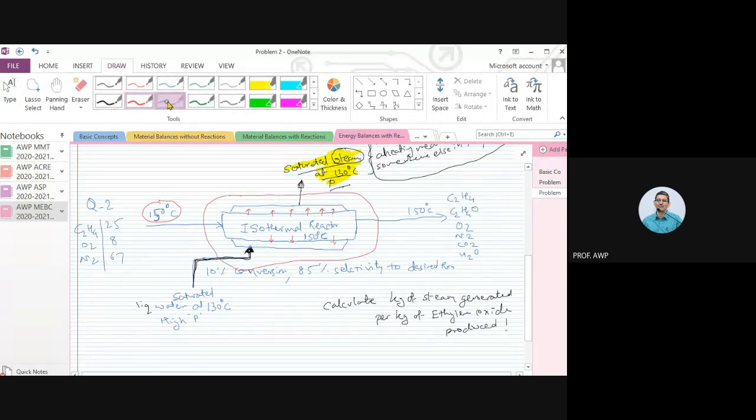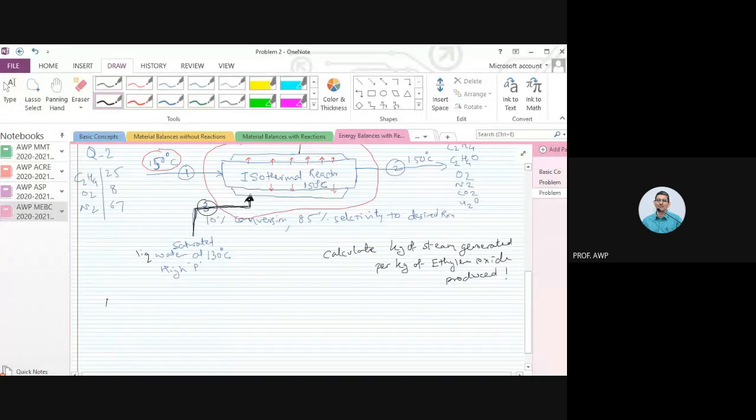Let's give some stream numbers. Let's call this stream number 1, this stream number 2, this stream number 3, and this stream number 4. What enthalpy balance can we write now for the control volume?